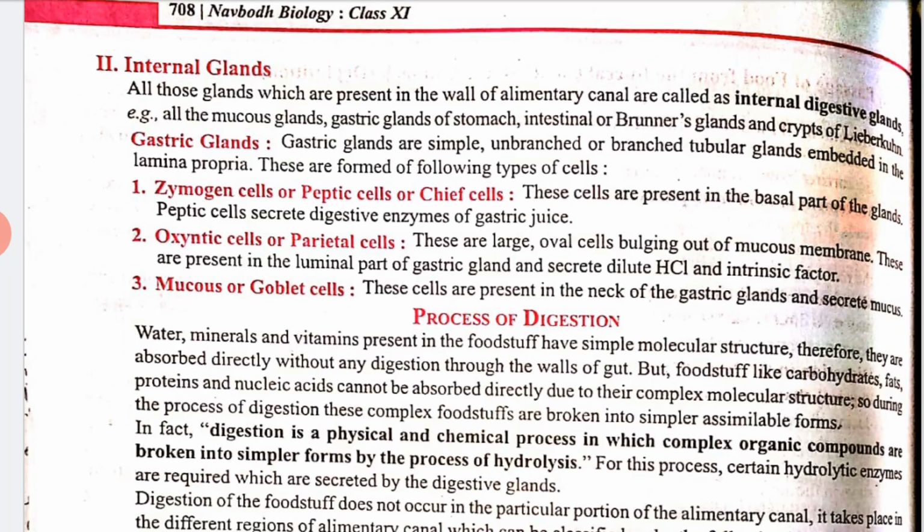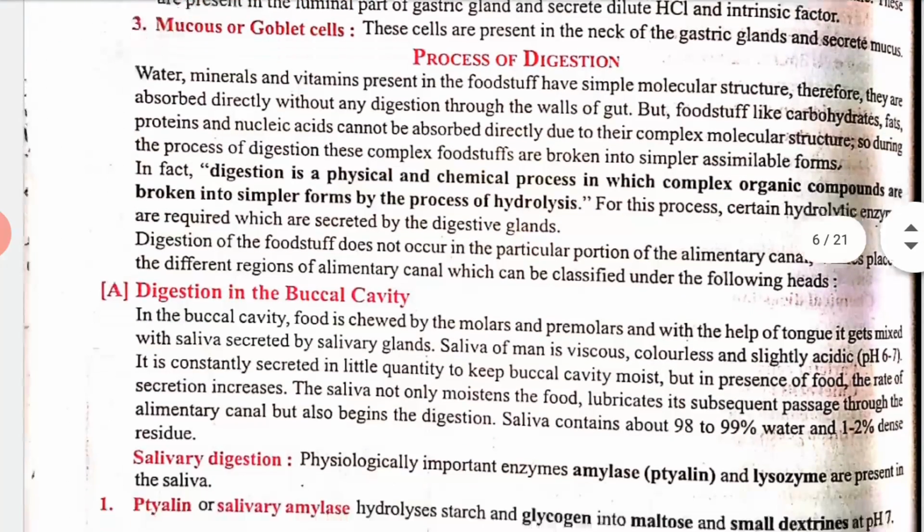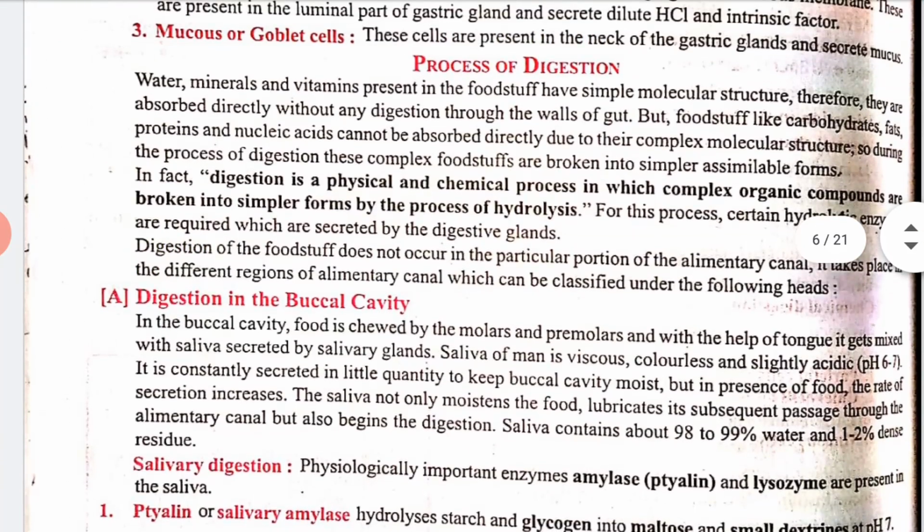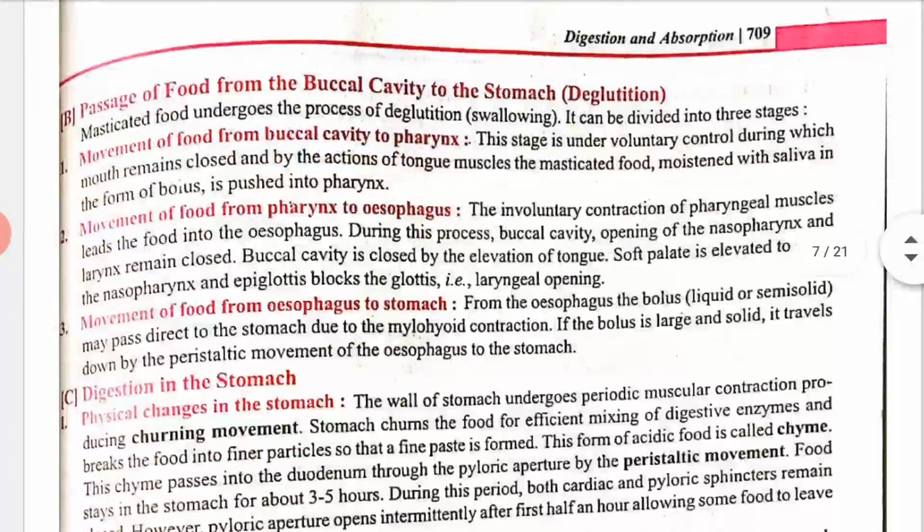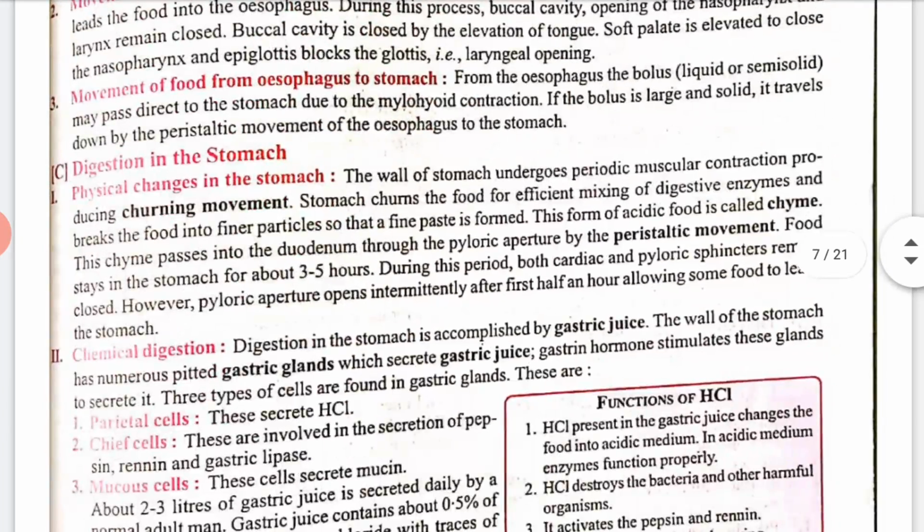So I have already described to you the process of digestion, by the help of the buccal cavity and the functions of saliva. Now, how it gets digested in the stomach, by chemical digestion. The mucus cells secrete pepsin, renin, and all these things.